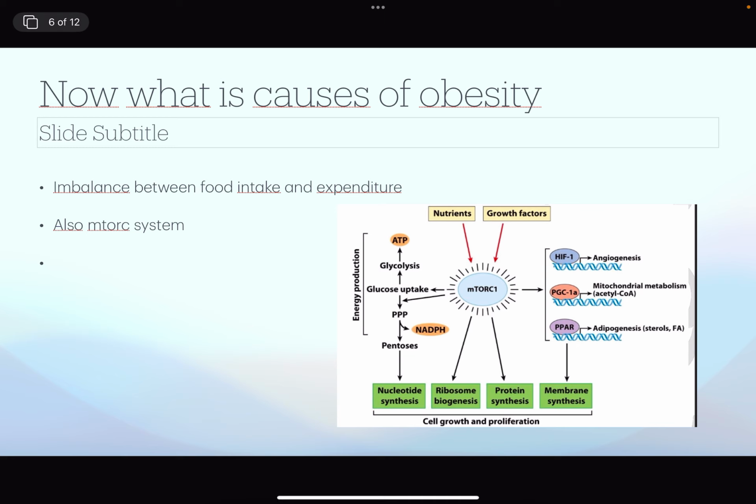Also, one of the systems that would be activated due to overstimulation or overeating would increase this mTORC1 factor, and this mTORC1 would do many functions, but it will lead to lipid synthesis, fatty acid synthesis, and so this will lead to storage of many metabolites instead of using them to produce energy, and this is why it's not so good to stimulate this system.